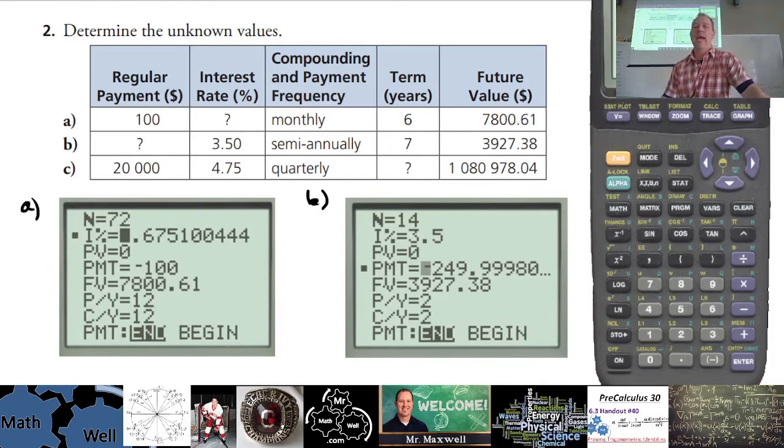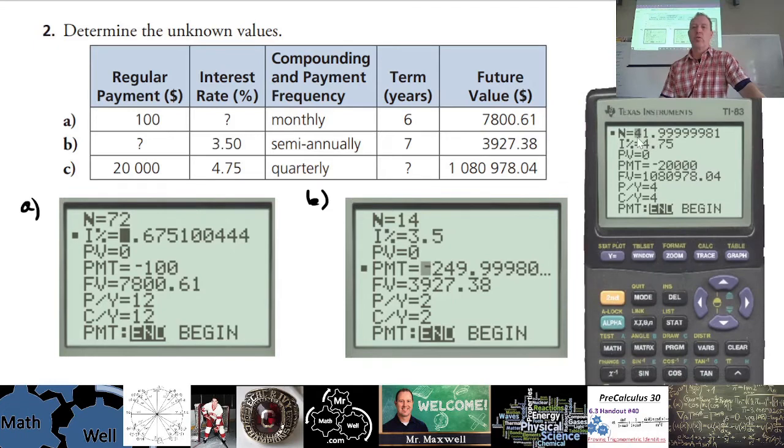What we can solve for is n. So you want to do alpha solve here. And it says 41.9 repeating, basically. So that's going to be 42 quarters.